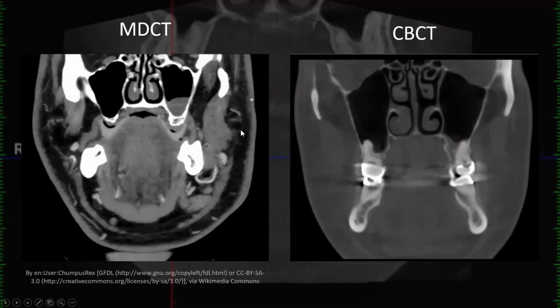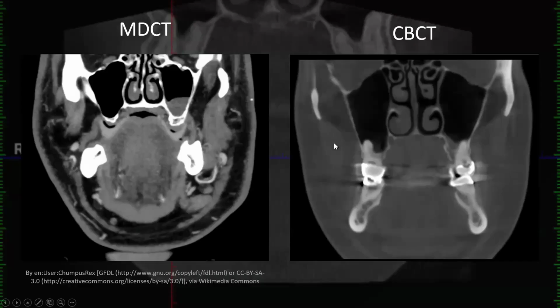So this is a side-by-side comparison. Trying to bring out the soft tissue contrast in a medical CT, you can really see these fat planes between the muscles. Even the tongue, the different musculature in the tongue, it looks like it has different shades. And you can imagine salivary glands, we don't see it here, here's the masseter, but salivary glands are going to show up as a different density than muscle in a medical CT.